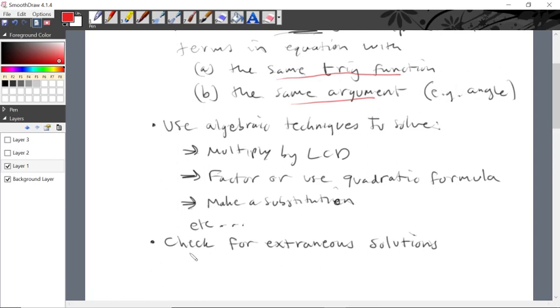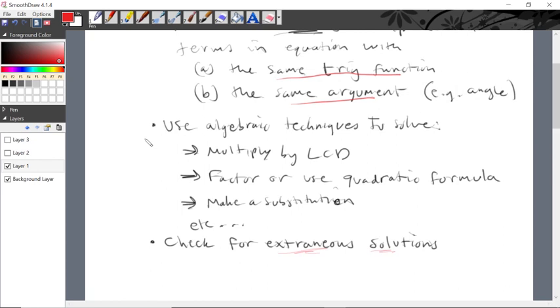And then finally, because of our use of identities, which may involve denominators that of course cannot equal 0 in any case, and because of the combination of using identities and the consequences of the algebraic techniques, we need to be on the lookout for extraneous solutions.